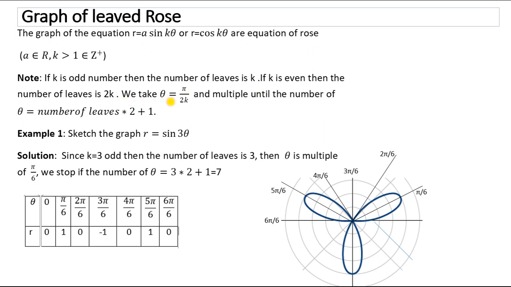We take theta equal pi over 2k, always we take theta on the roses equal pi over 2k and its multiples, until the number of theta equals the number of leaves multiplied by 2 plus 1. This is the rule to sketch the roses.